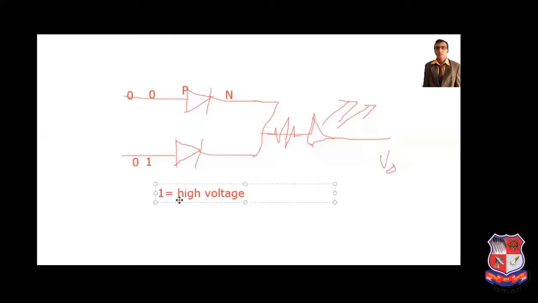So due to the presence of high voltage, we can get sufficient voltage here, so glowing the LED is possible. So we can get the maximum voltage here. So output is 1. In the first case output is 0. Second case output is 1. Third case output is also 1. And fourth case also output 1.